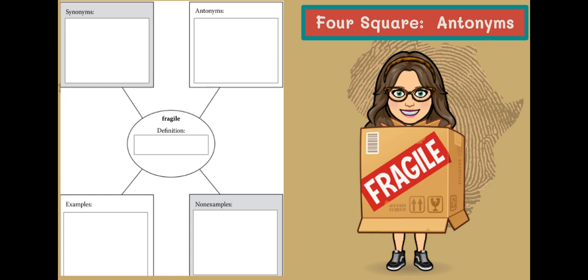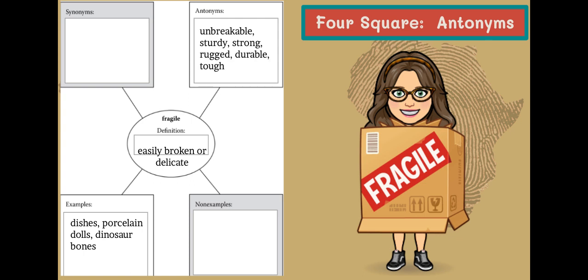You're going to write words that mean the opposite of fragile in the antonyms box, and that's that box up here in the upper right-hand corner. Words like unbreakable, sturdy, strong, rugged, durable, and tough.